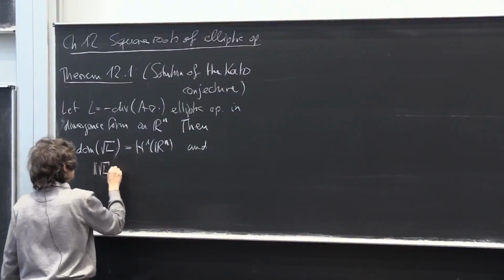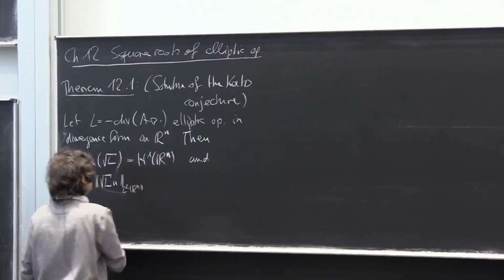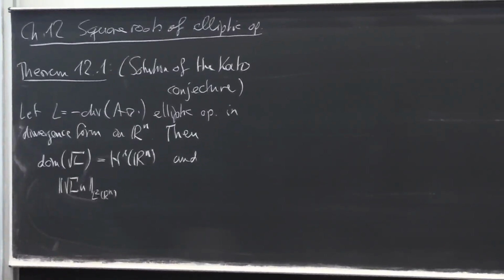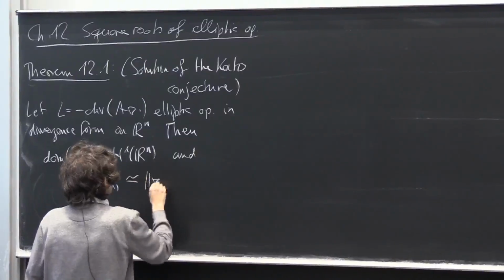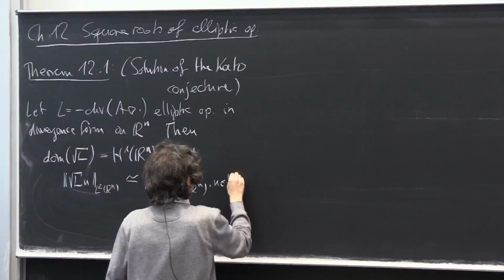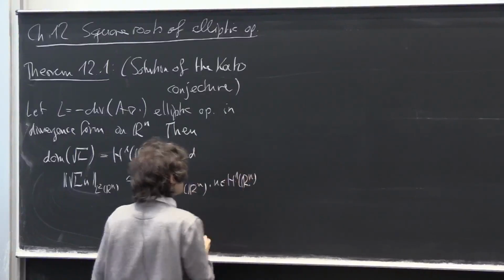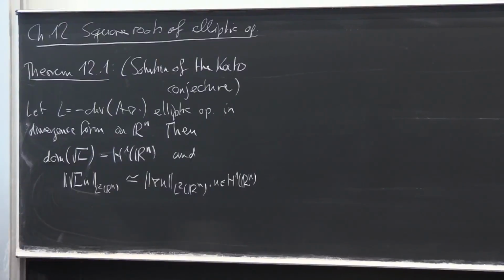So for every u in H1, the norm of square root of L applied to u in L2 is equivalent to the gradient of u measured in L2. So in particular, this gives you that the H1 norm is equivalent to the graph norm of the square root of L, but it's even better, the higher order terms of both norms alone are equivalent.